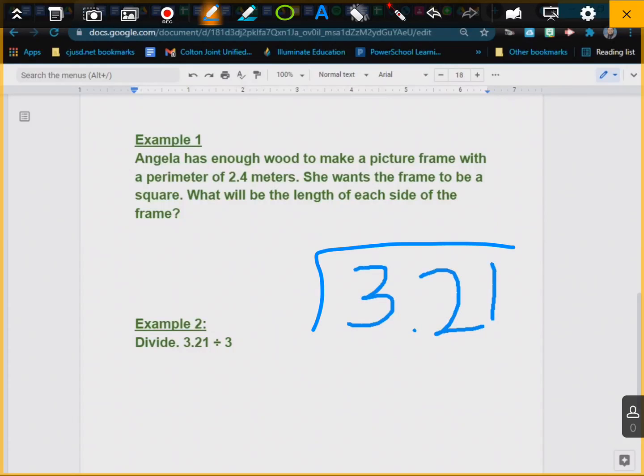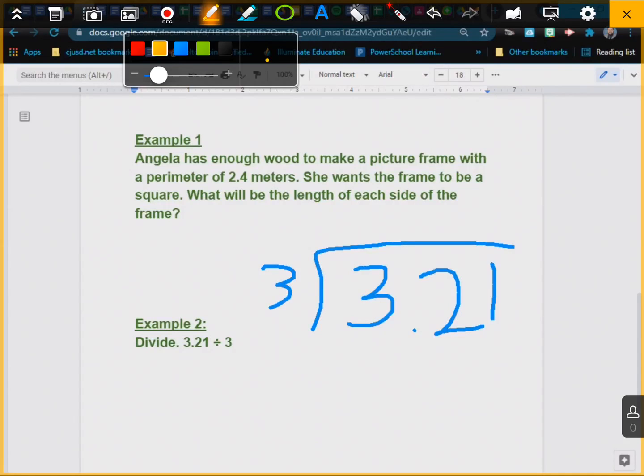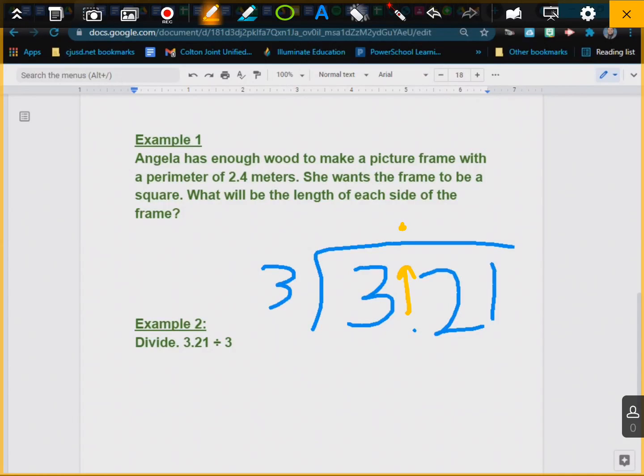3.21 divided by 3. So put the decimal directly up top. It helps to put an arrow for me, that way I know that's directly above. And then we divide normally. 3 goes into 3 one time. 3 times 1 is 3. I got 0 left over, but I bring down the 2. 3 goes into 2 0 times.